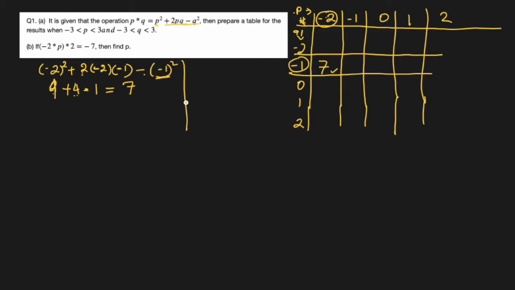Let me do one more, this 1 and this 0. That means I will fill up this particular cell. So it will be P square plus 2PQ, that P is 1, 0, minus 0 square. So what will that be? 1 plus 2 times 1 is 2. Yeah, so 3.